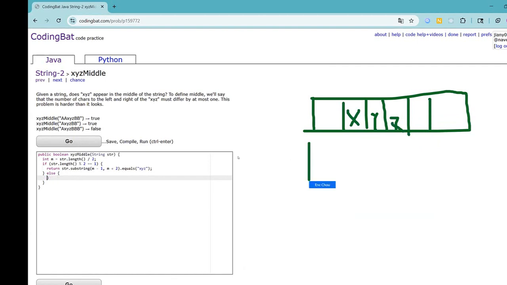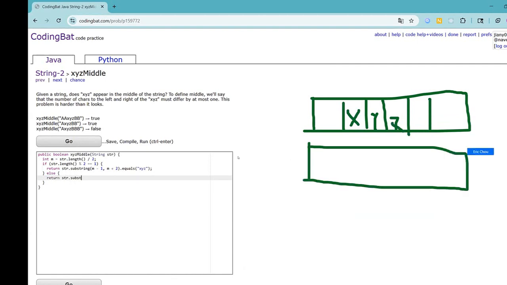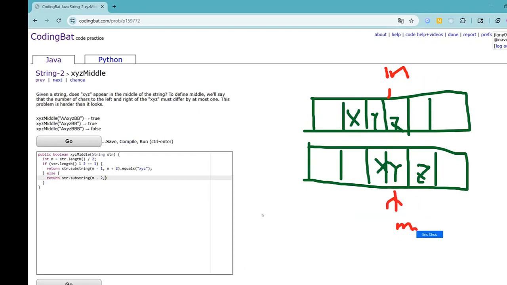You also have these. And your m is this one. So this one is m minus 2. This one is m minus 1.